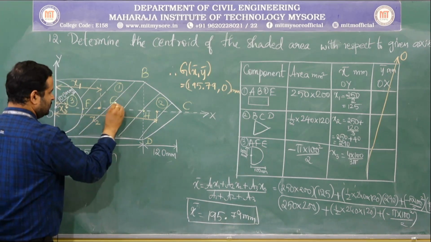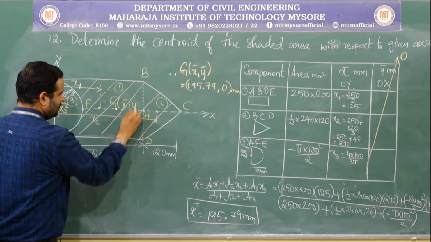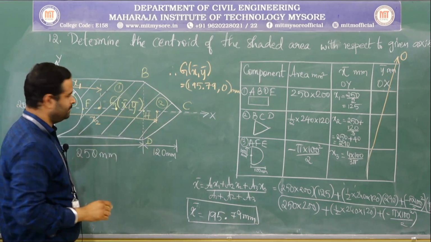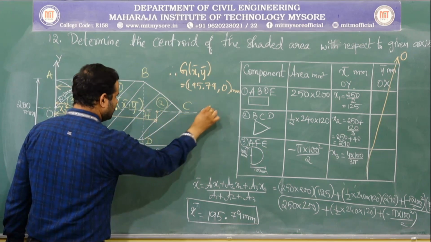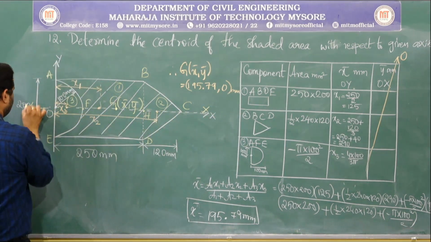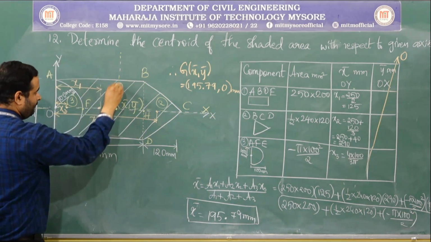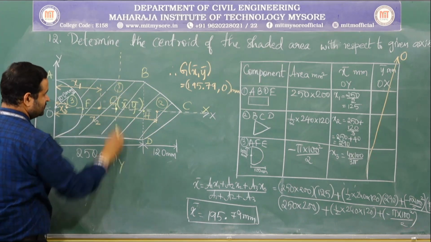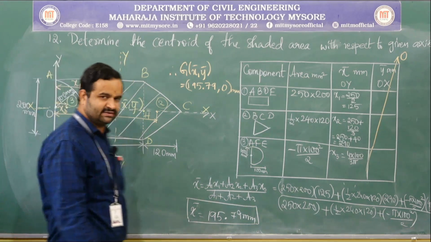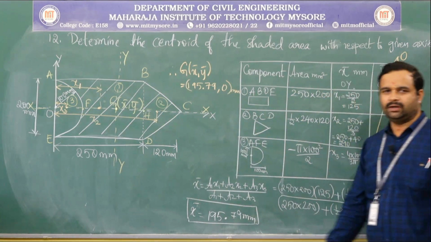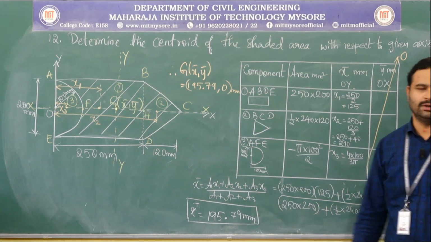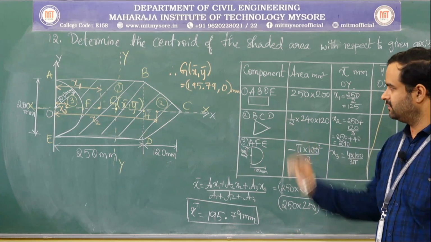So, this is G of x bar comma y bar. Now, we can write easily this axis as XX axis and this as YY axis. This is how you try to locate the centroid and also calculate the centroidal values of the given figure.